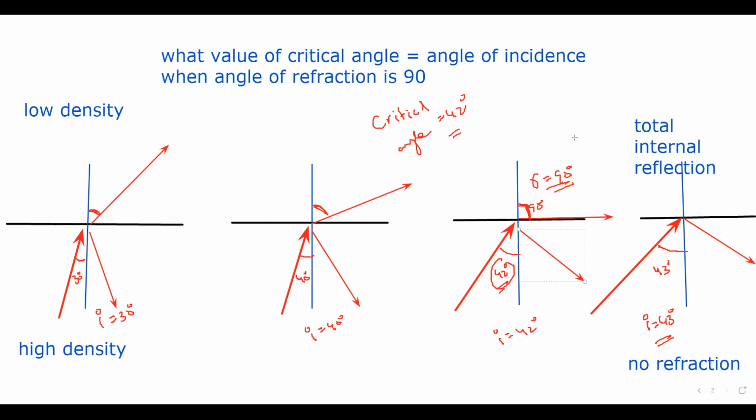So if the angle of incidence is less than the critical angle, both reflection and refraction will happen. But if the angle of incidence is greater than the critical angle, then there will be only reflection, no refraction, and we call this phenomenon total internal reflection. And we can only observe this when the light is moving from high density medium to low density medium.